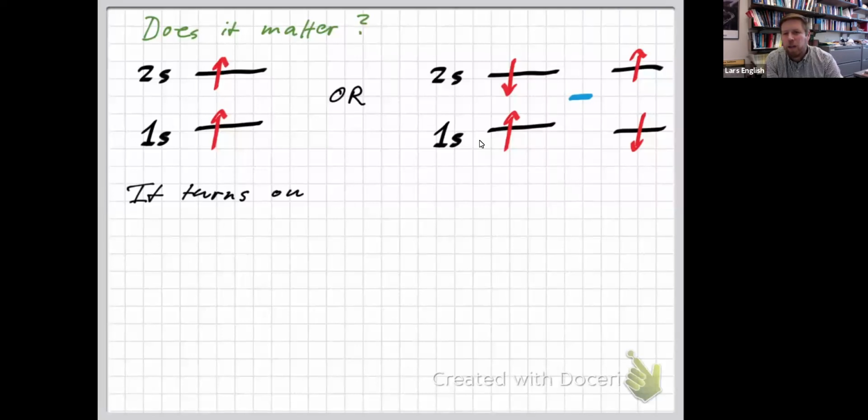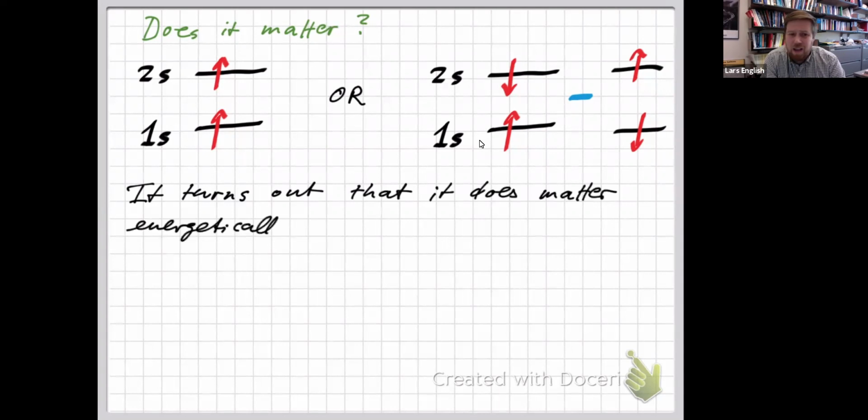And does it matter? Well, it turns out that, believe it or not, it does matter, okay? Because one of those 2 configurations will turn out to be energetically lower than the other.